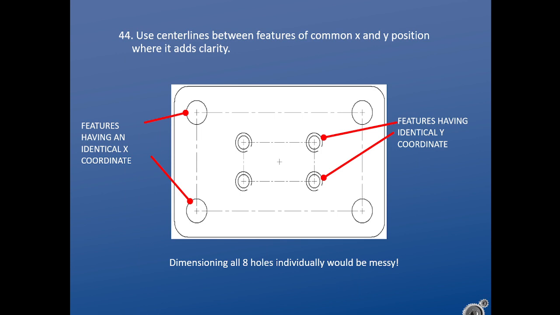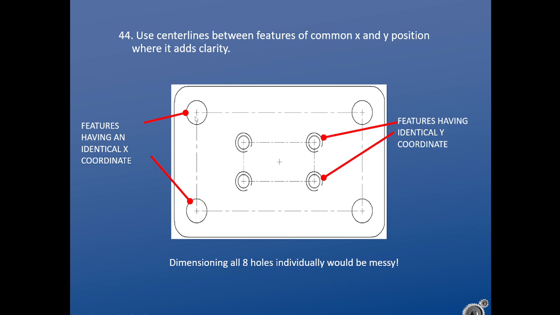Center lines. Up until this point, we have only used center lines as indicators of the center of an object, as the name implies. That is, we've got a circular object, let's put a center line down the middle, helps us know that it's circular. You can also use them as like a mirror line on a symmetrical object.